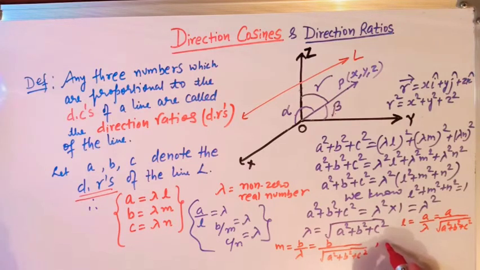And then n can be written as c over lambda, then we have c divided by square root of a square plus b square plus c square, right? So these are the very important results which connect the direction cosines and direction ratios.